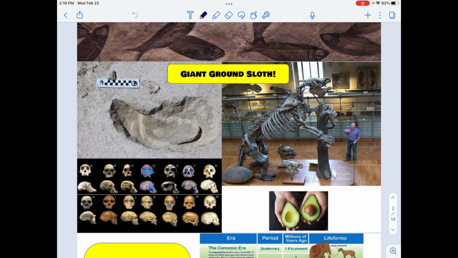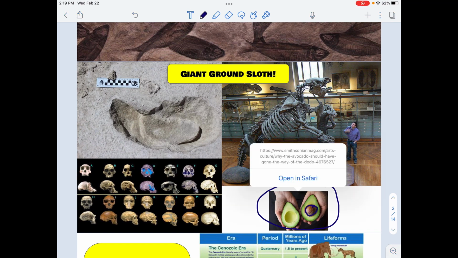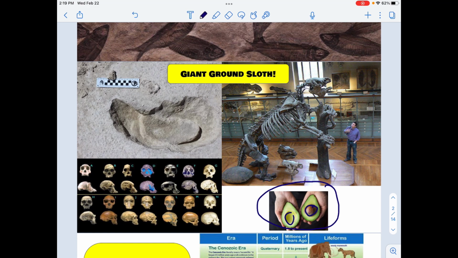Now, you can think of fossils as sort of like a little, you're like, why is there an avocado here, right? Well, we can think about their formation as something like this, where the little seed inside of the avocado leaves an imprint when we remove it here. That's sort of like how fossils form. Like there was once a solid thing there, and the deposition of material around it leaves an imprint.